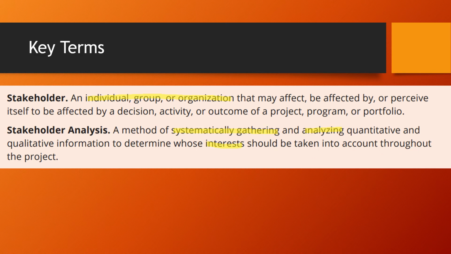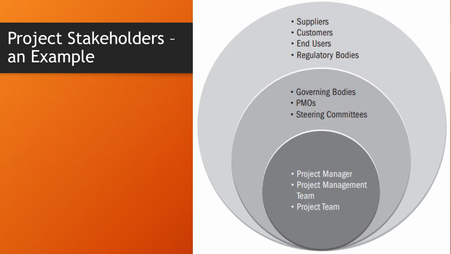So you need to understand who is the stakeholder and what we mean by stakeholder analysis. Here we look at an example of the project stakeholders. There are three circles we're talking about. The inner circle is the project manager, the project management team, and the project team, the team that does the project execution.